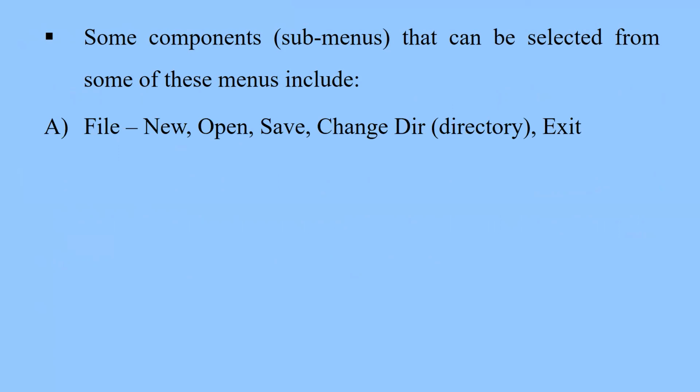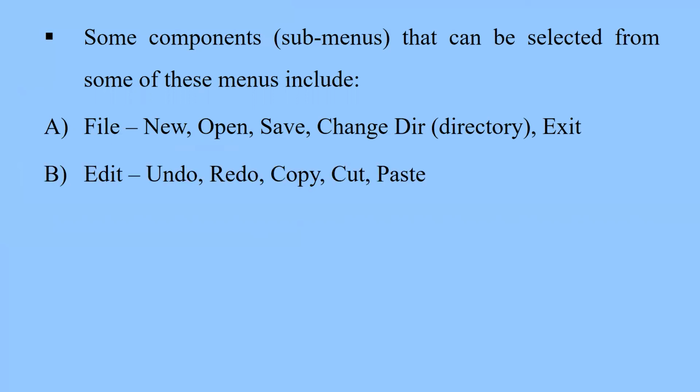You can open a source code. You can save your source code. You can change directory where you store your files, and there's also Exit. So we have New, Open, Save, Change dir or change directory, and we also have Exit.